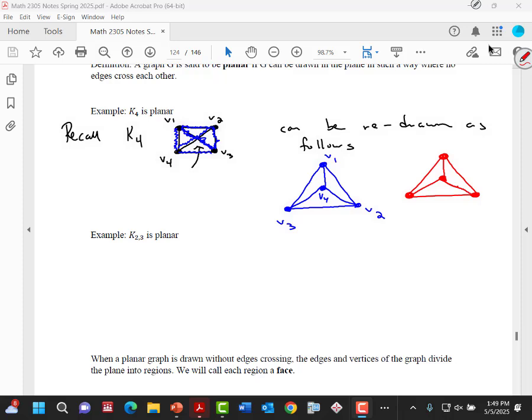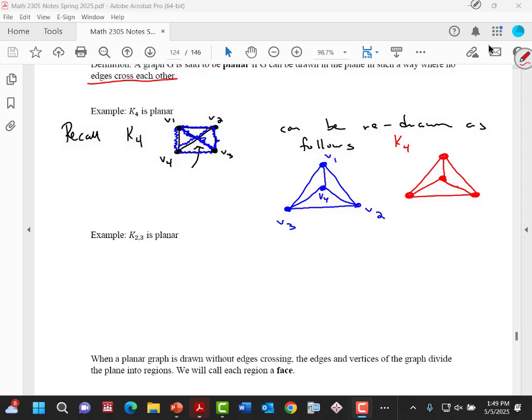Now my claim is that this is the graph K4. But notice I've drawn it in such a way that no edges cross each other. In essence, I have drawn this in the plane in such a way where no edges cross each other. So we say this is a planar graph.